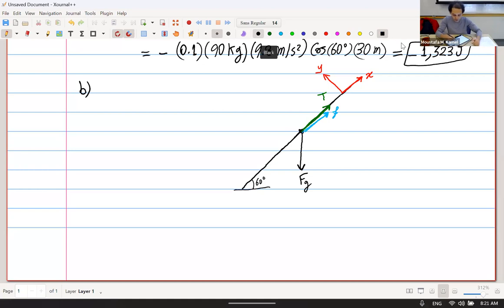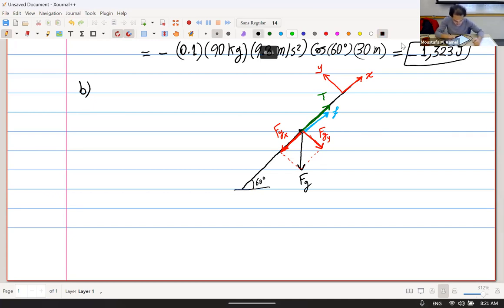So I want to get the components of the force of gravity along the X direction and along the Y direction. Okay. So I want to get this part of the force of gravity and this part of it. Okay. So this part is Fgx because it's along X. And this part is Fgy because it's along the Y direction.